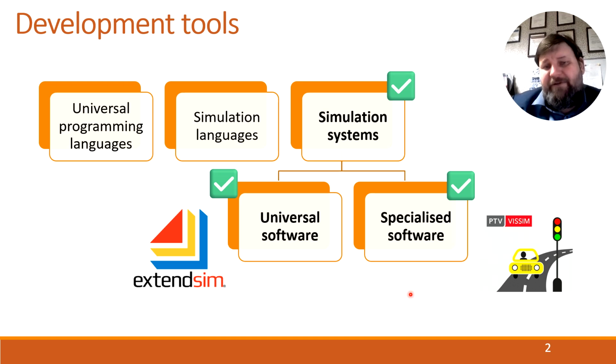The second category is specialized software. Specialized means that the software is dedicated to a specific domain, as I have already noted. Maybe software to simulate supply chains, or software to simulate warehouses. In the frame of our course, we are going to explore a specialized software titled PTV VISSIM.